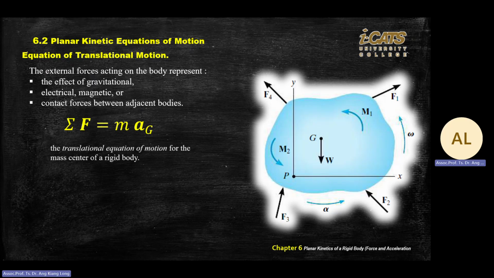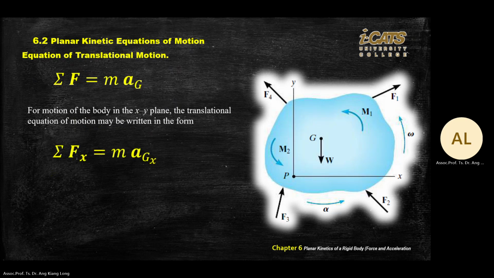Okay. So the rest you read, it's all the same. So you just need to break because you are dealing with vectors. So what you need to do is to break all your forces into X and Y components.